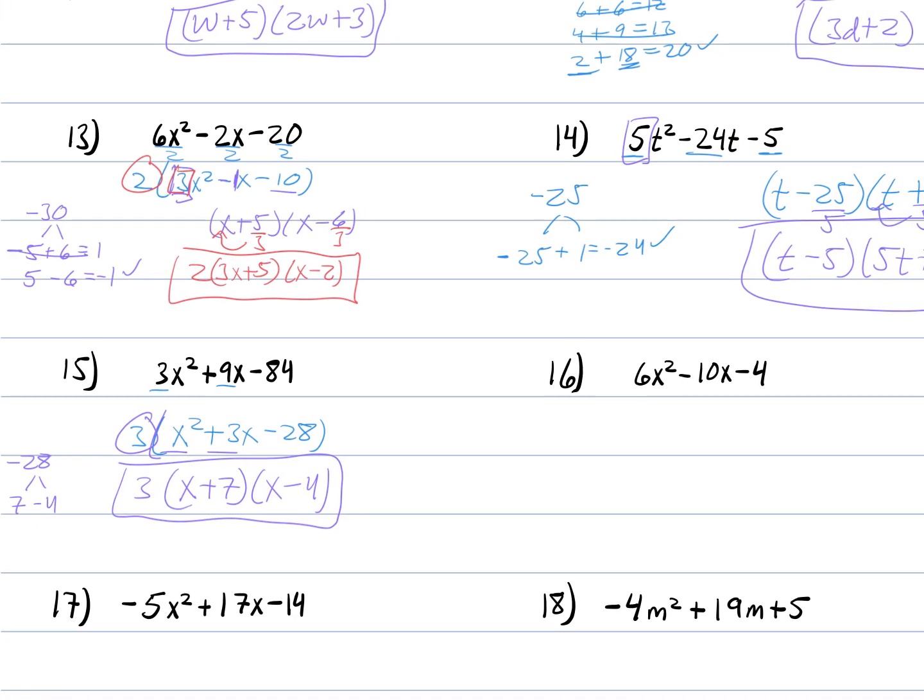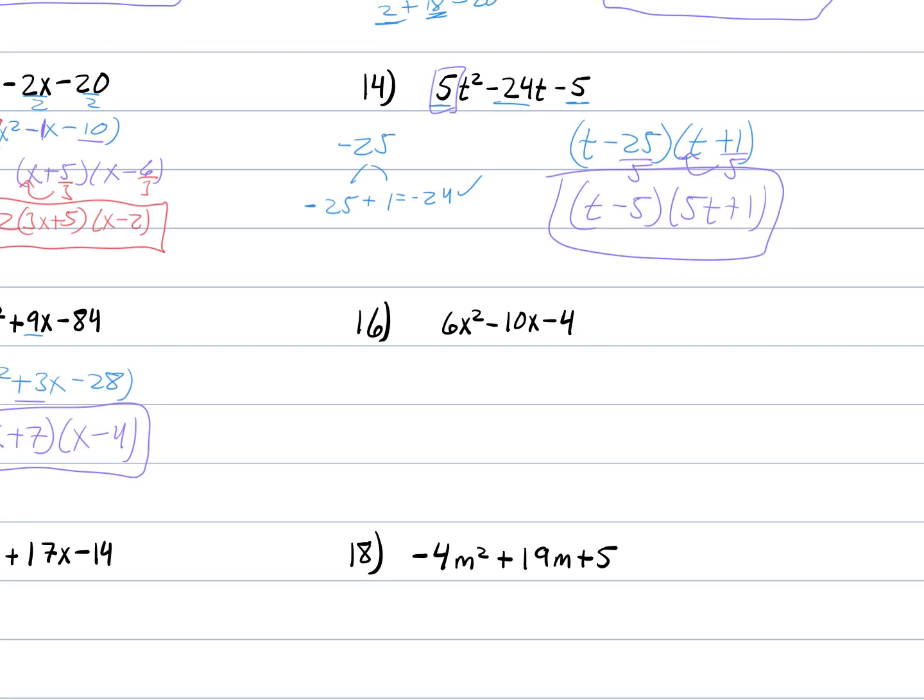Number 16, see if you could pull out a common factor as well. You can take out a 2, for example, in these problems. If I divide everything by 2, I'm left with a 3x squared minus 5x minus 2.